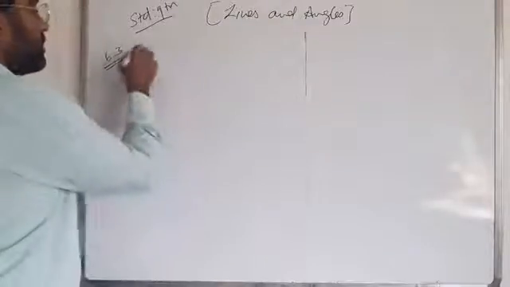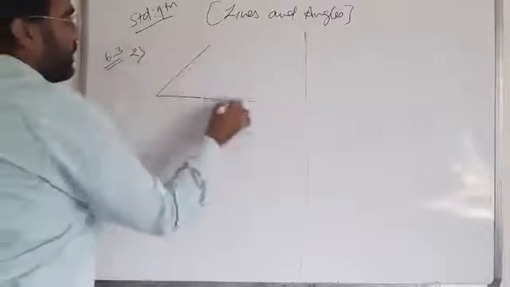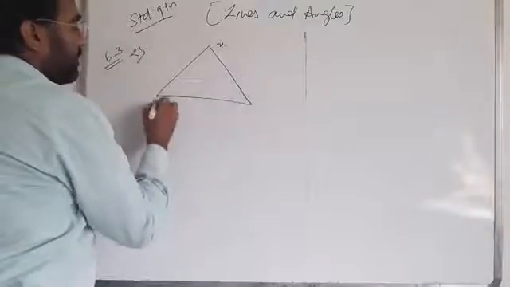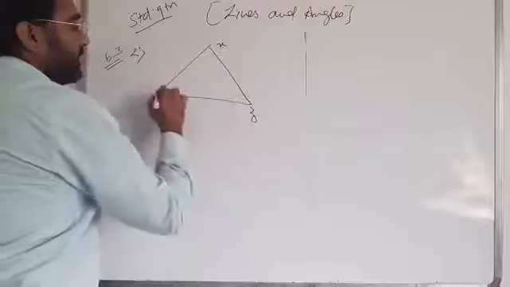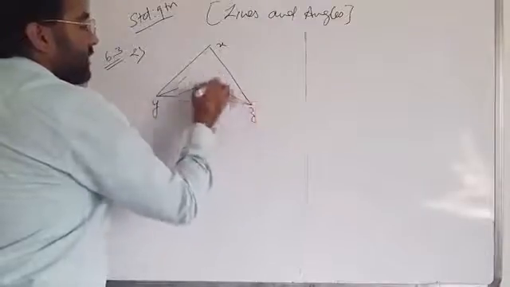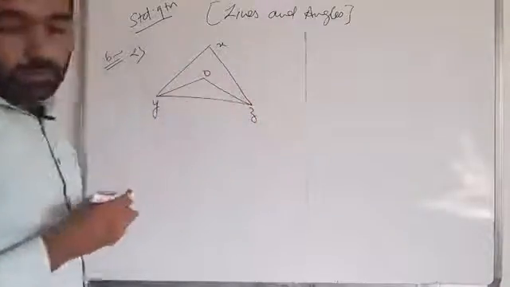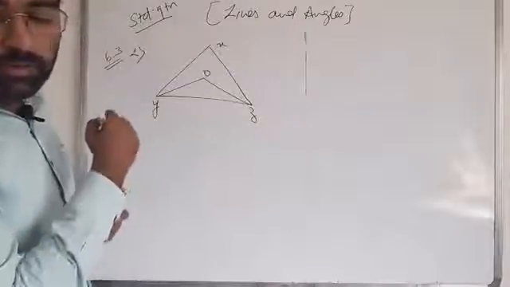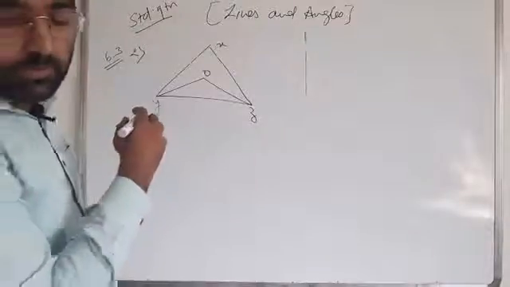In the figure, triangle XYZ is given. In triangle XYZ, the bisectors of angles Y and Z meet at O. And angle X is also given as 62 degrees.